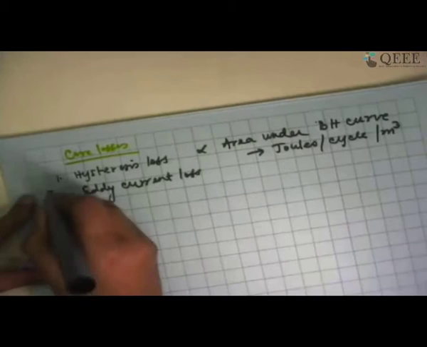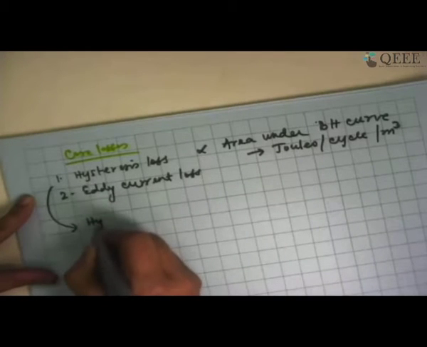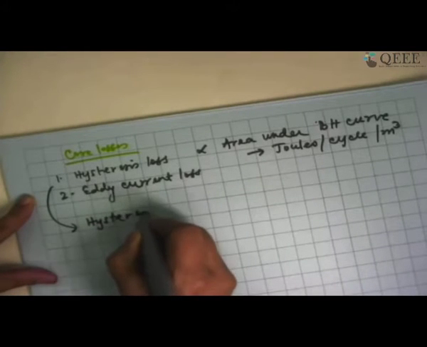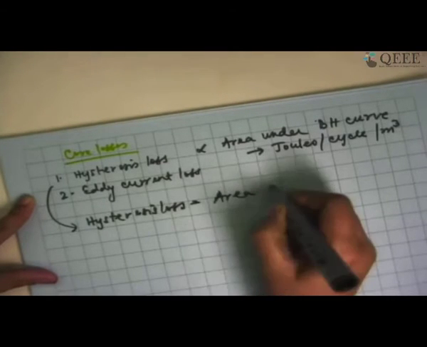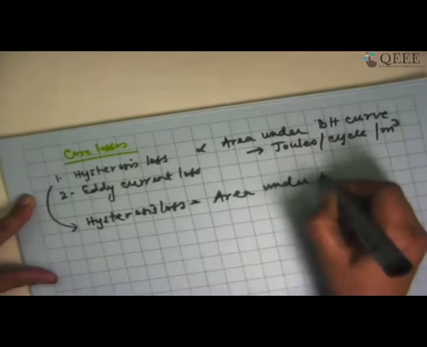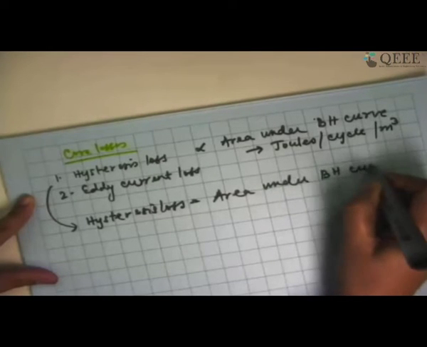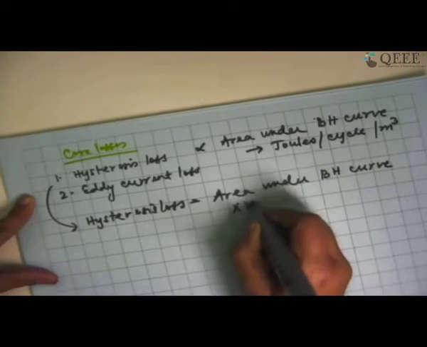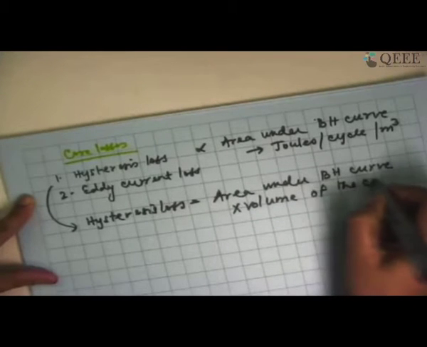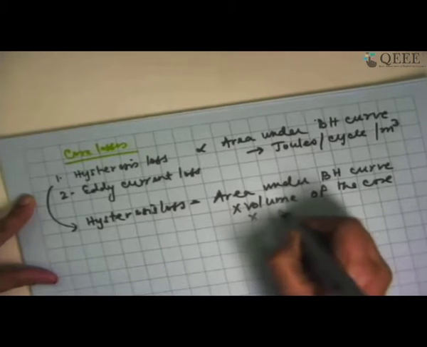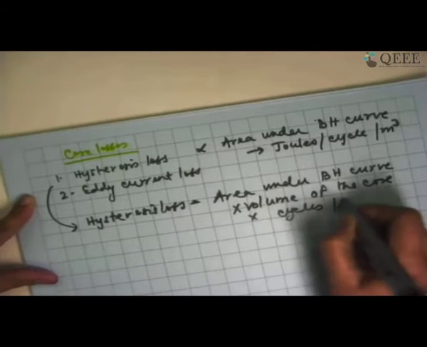So if we say what is hysteresis loss, we can write this as area under the BH curve multiplied by volume of the core, multiplied by cycles per second or frequency.